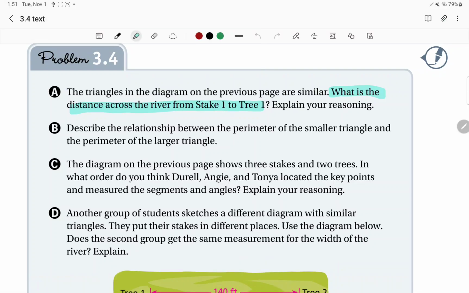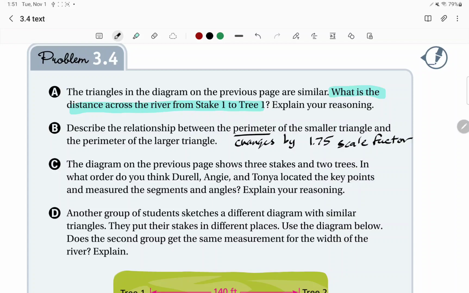All right. The perimeter always changes at the same rate that the given scale factor tells you to change. So in this case, the perimeter changes by a scale factor of 1.75.